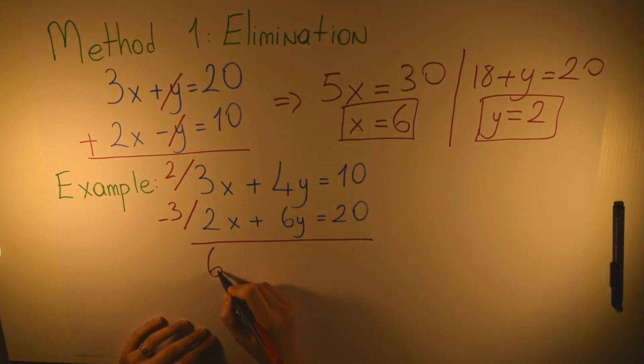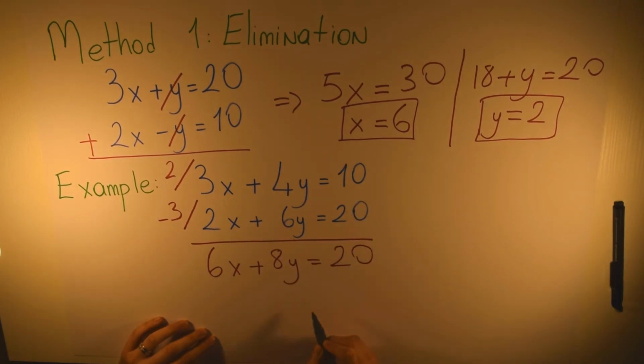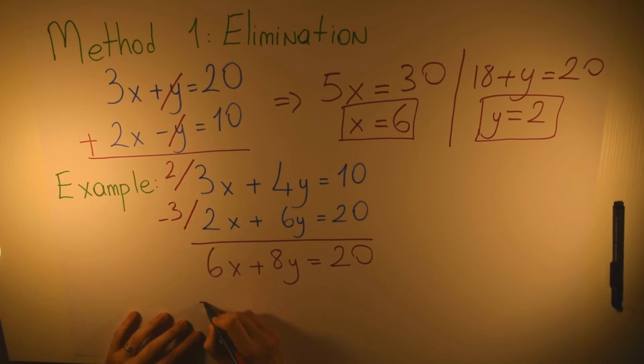I have 6x plus, when I multiply 2 by 4y, it's 8y is equal to 2 times 10, it's 20, right? So here, minus 3 times 2x, it's minus 6x, minus 3 times plus 6y, it's minus 18y is equal to minus 3 times 20, it is minus 60.